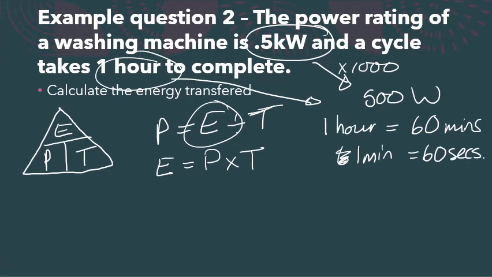So what we need to do is take the hour, multiply it by 60 to get the number of minutes, and then multiply the 60 by another 60, and that would give us the number of seconds. So this could be changed into 3,600 seconds.